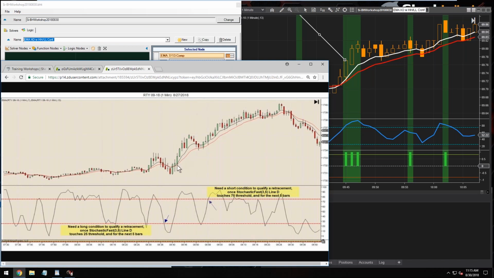But if you want to give me a little confirmation here, Scott, whether the stochastic should come first or whether the EMA trend direction should come first, that's kind of helpful. But in the meantime, while I'm waiting for that answer, we can get this all built here.